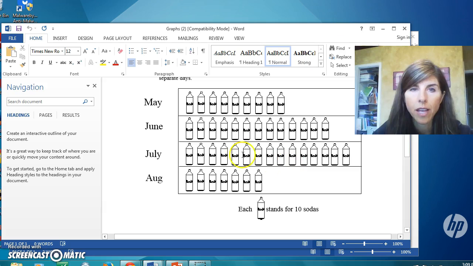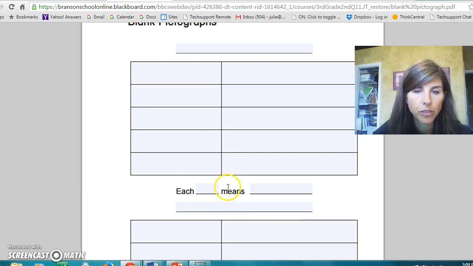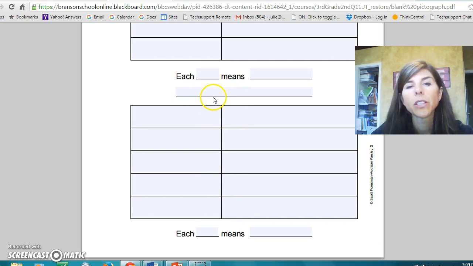On the second graph that is given to you, in the directions, you'll do push-ups.